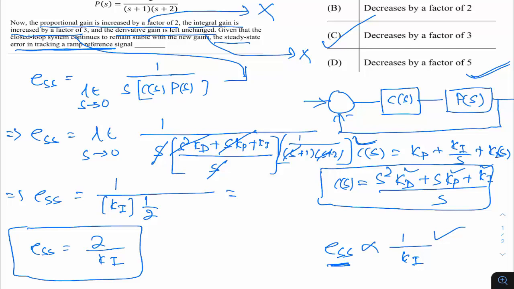By substituting the corresponding terms in the expression of ESS, we get that ESS is 2 by Ki, so ESS is inversely proportional to integral gain. Whatever changes we make in Kp and Kd, it depends only on Ki. Because Ki is increasing by factor 3, ESS will decrease by factor 3. That is option C, and C is the right answer for this question.